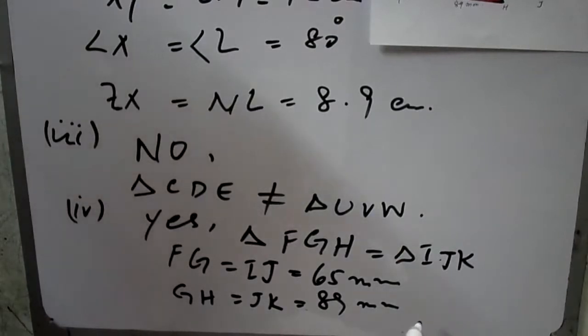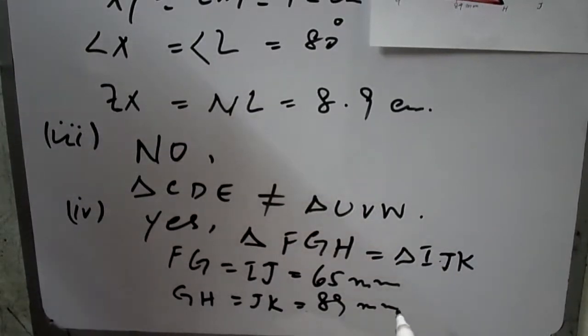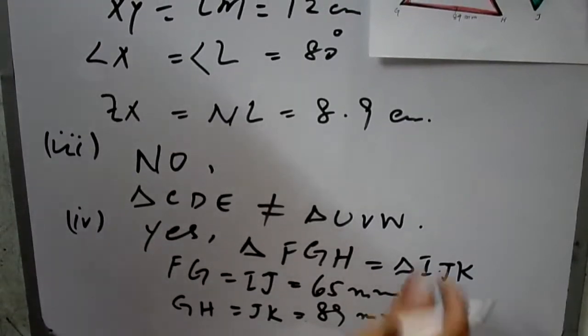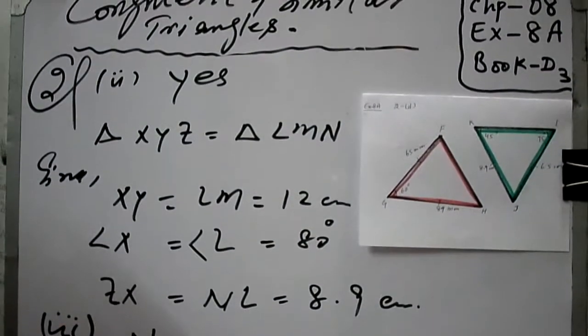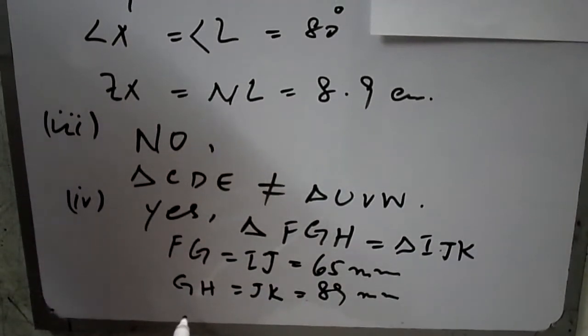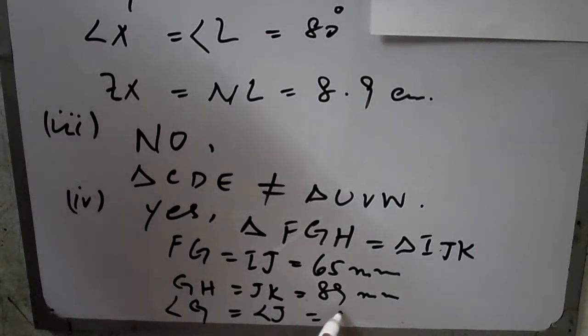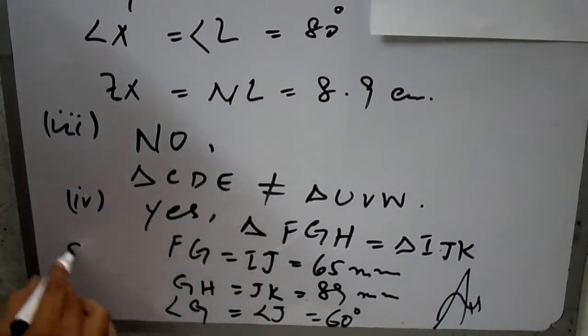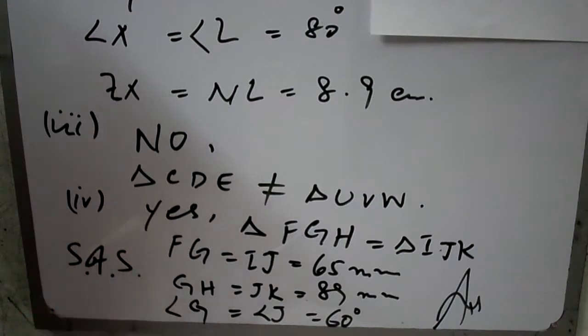So the angle J must be equal to the angle G. So that's why after rotation we will get both the triangles congruent. So that is your result. That is, angle G is equal to the angle J, which must be 60 degree. So that is the reason we can say that two sides and one angle are congruent. So we can say it is the SAS postulate, that is side angle side postulate.